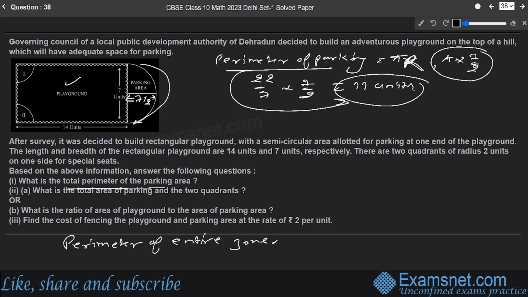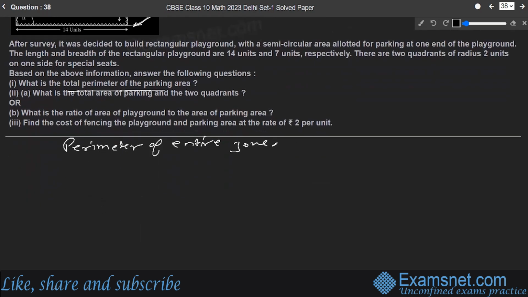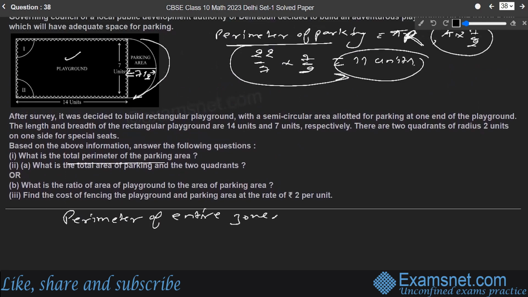For that we need to find out the perimeter of the playground, and for that we need to evaluate certain small variables. First, the length of the playground is already given to be 14 units, that is visible here. The breadth is given to be 7 units, that is also visible.